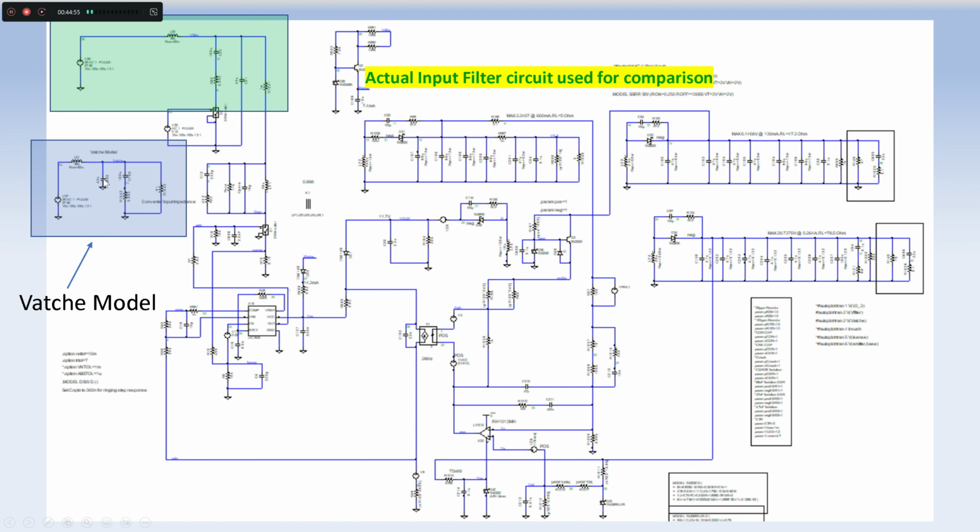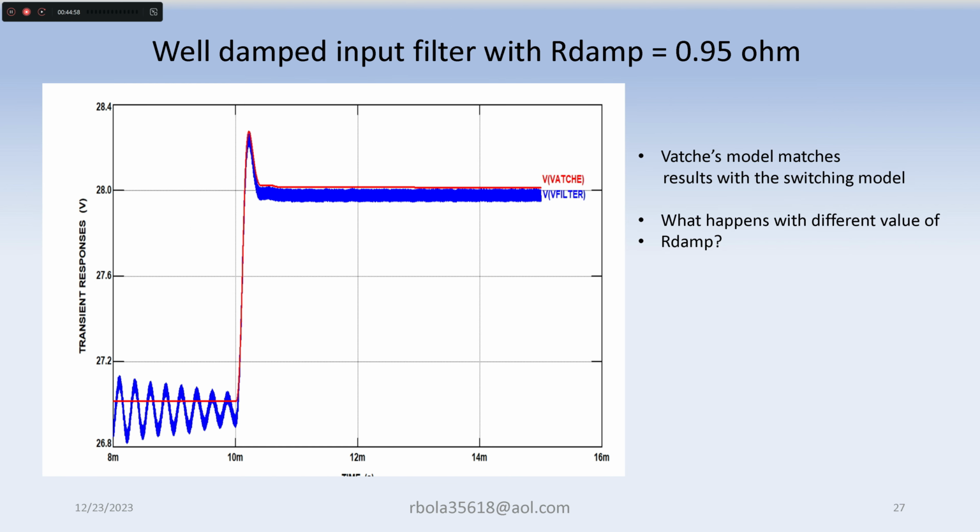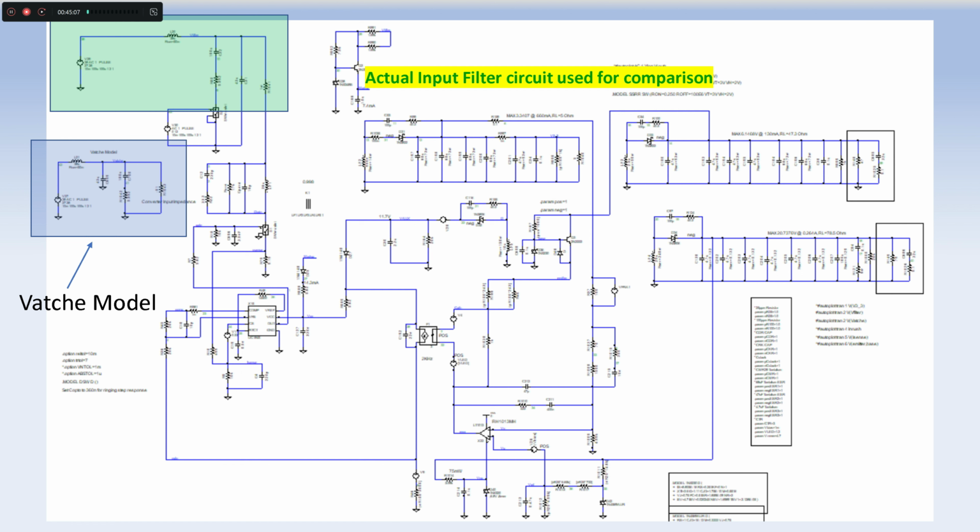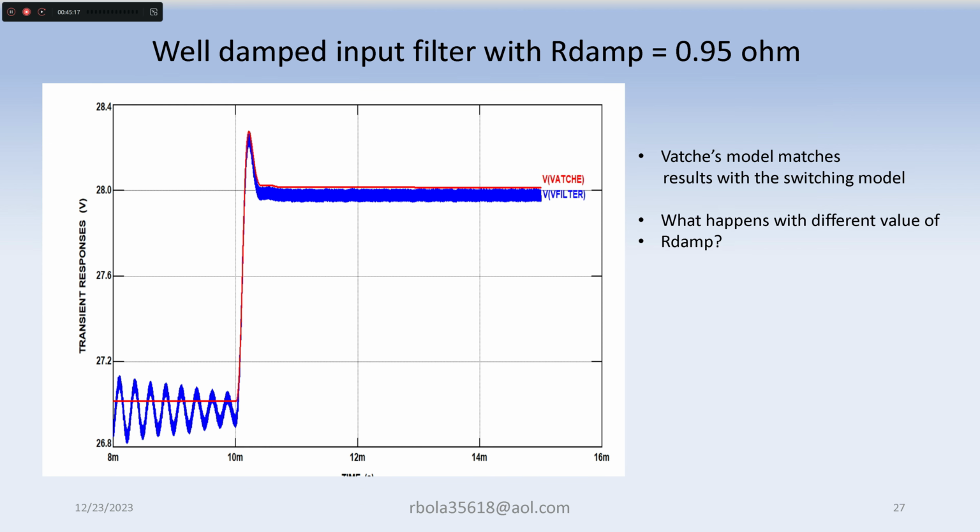So basically I ran the simulation, and here you can see that I set the R damp in both. Here is the R damp, that is the only thing that I'm changing. And if I plot the voltage of the filter, you can see that they're pretty good.